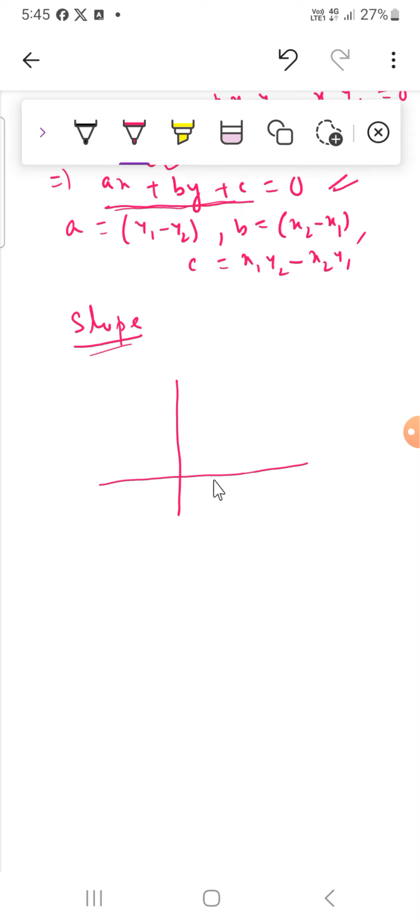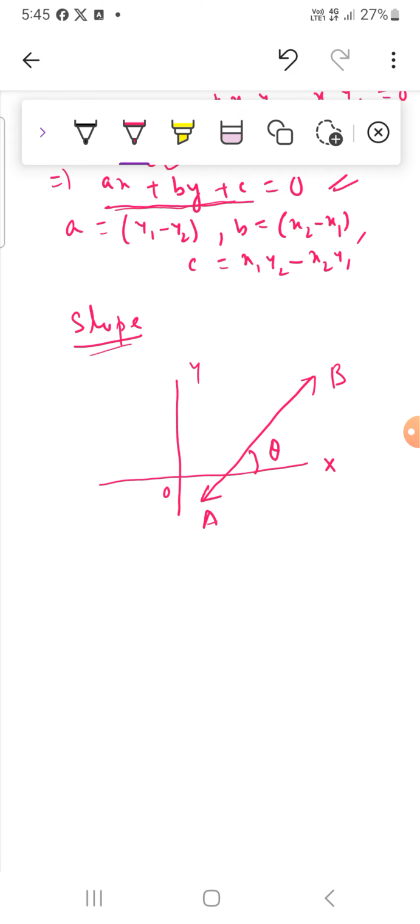If we take a straight line AB, the angle it forms with the x-axis is theta.